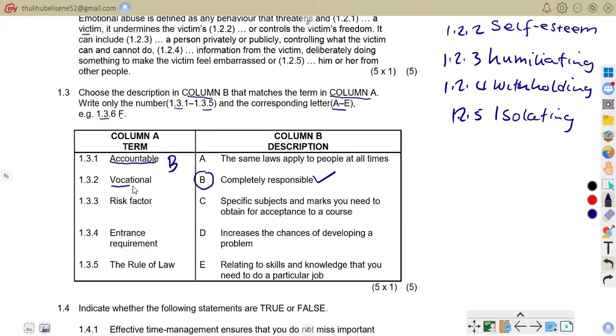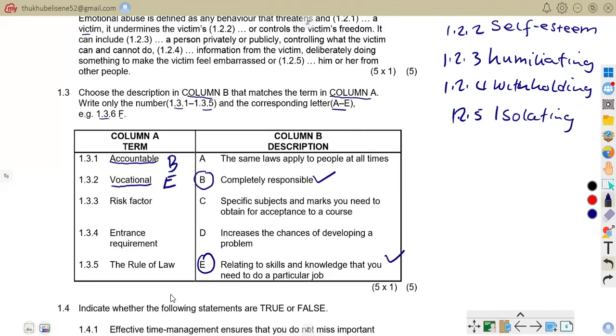Now we come to vocational. When you're talking about vocational, that is related to training or education that prepares a person for a specific job or trade. So let us see which description matches this term vocational. And you can see that E is the correct answer, relating to skills and knowledge that you need to do a particular job.